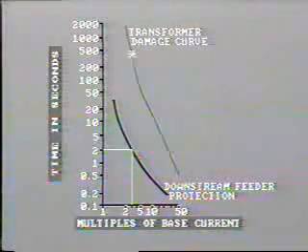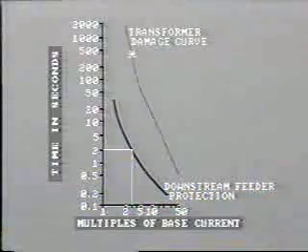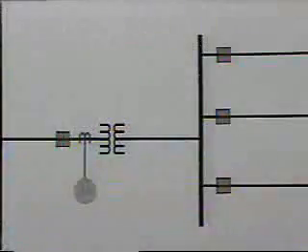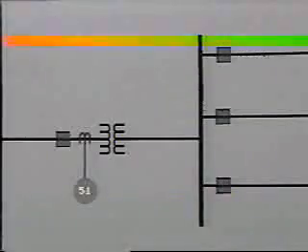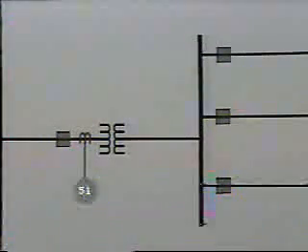This is long before the thermal limit of the transformer is reached. However, backup must be provided to protect the transformer in the event the downstream feeder protection fails to operate. This is usually in the form of overcurrent protection on the primary side of the transformer.